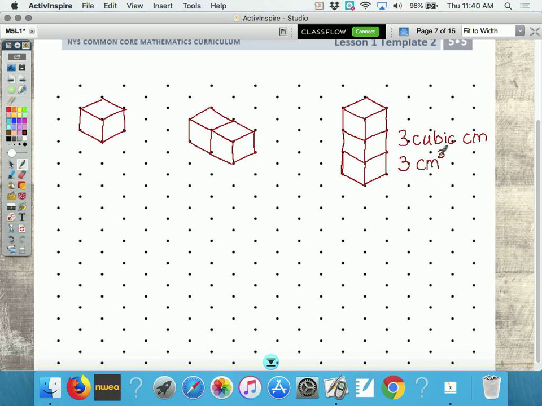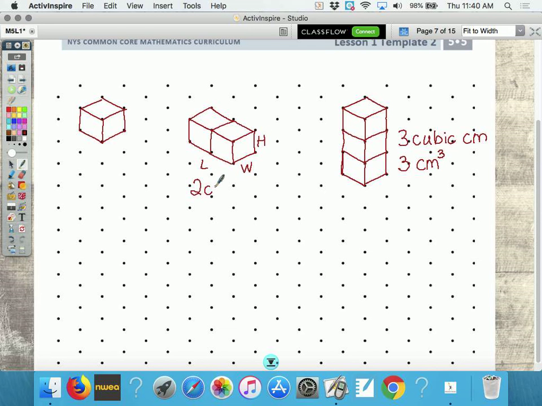Let's start on the 1 and 2. Okay. So this one in front we're going to call your length. Okay. Put your L there. The one going toward the back we'll call the width. And the height is how tall it is from the bottom to the top. Okay. So if I'm going to plug in numbers for each of these letters, what number would I use for the L? 2.